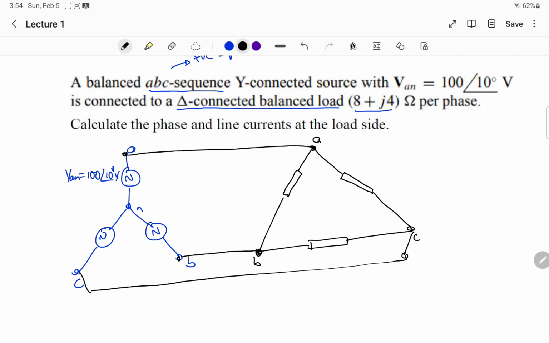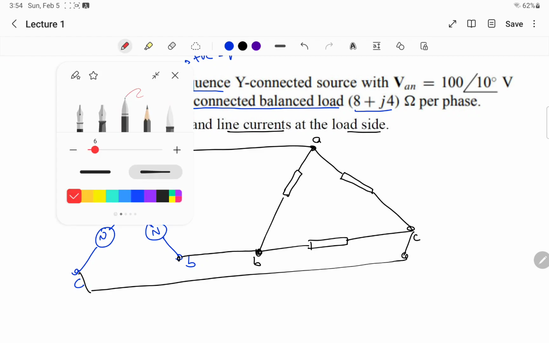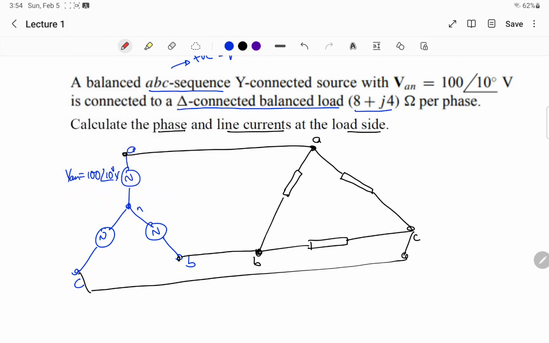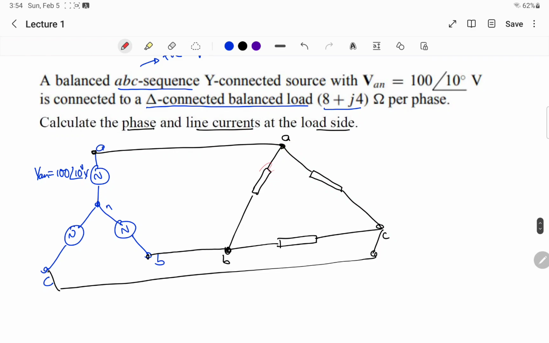Previously, like I told you, in this case they had a Y load. Now you have to calculate the phase and line currents at the load side. So let us first see what the phase current at the load side means. The current going through every load is one phase current.